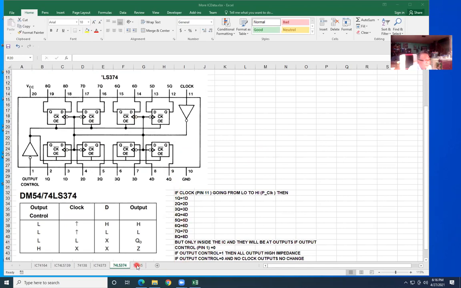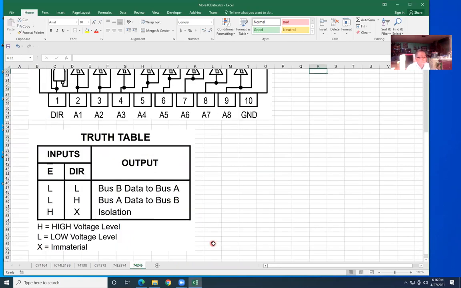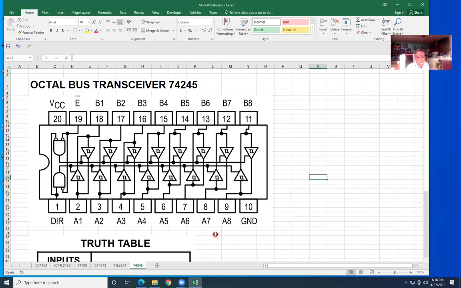Okay, the last one. Octal bus transceiver 245. Now you can see on this one also 8 bits, remember, 8 bits on both sides. So this is bi-directional. That means data can go from here to pin number 18, or from pin 18 to pin 2.